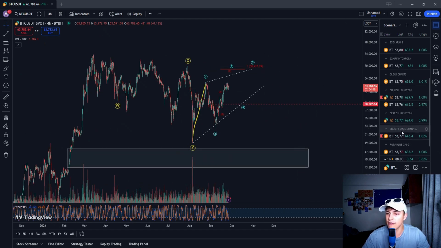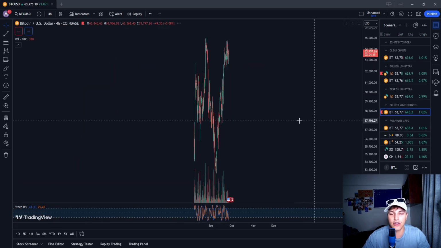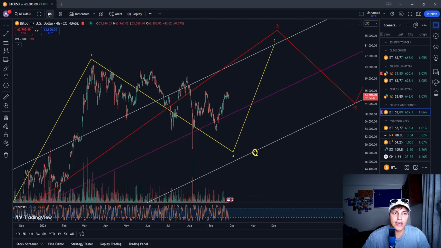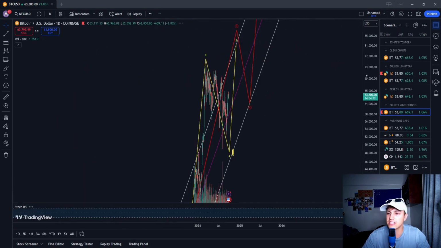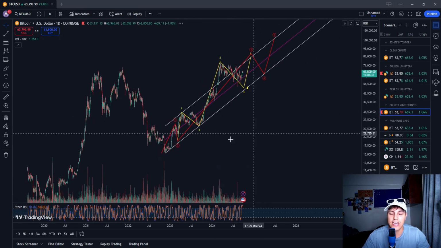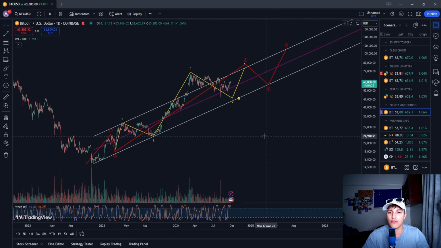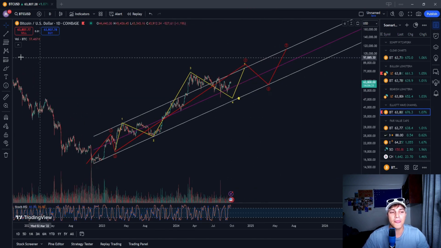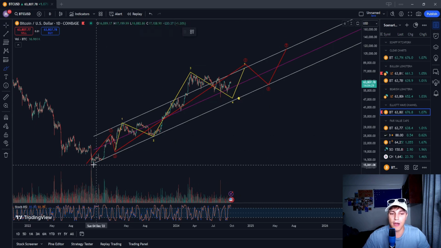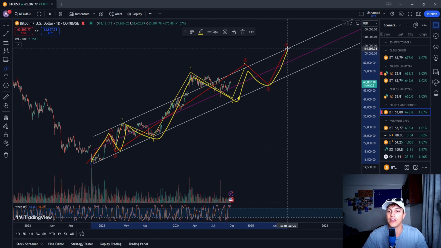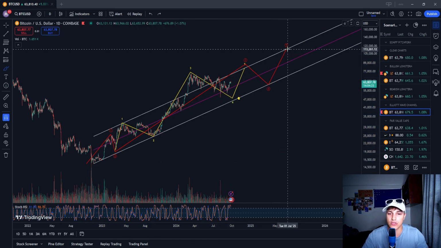Then, if we look at Elliott Wave channel at the moment, let's go to the daily. We can see this Elliott Wave channel has acted as support and resistance multiple times. And this 5-wave move count I've marked out here is my long-term bullish count for the bull market, ending off at around $115,000.